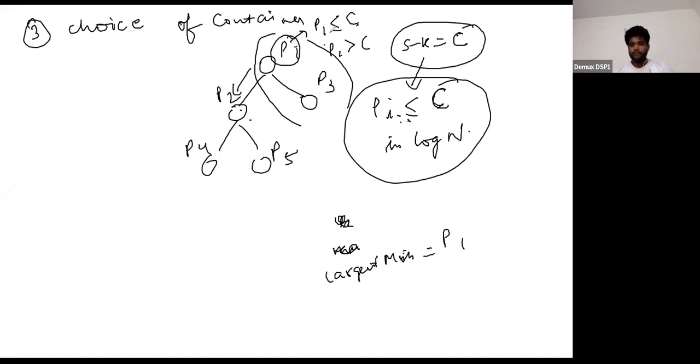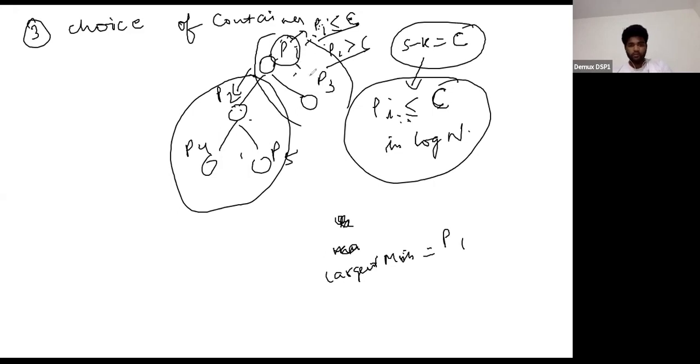Now you understand you can discard this entire left subtree, because anything in the left subtree will be less than P1. So even though it is less than or equal to C, it will not be greater than P1, right? You are looking for the largest such Pi which is less than or equal to C. So you can discard the entire left subtree if P1 is less than or equal to C. If P1 is greater than C, then you can discard the right subtree.